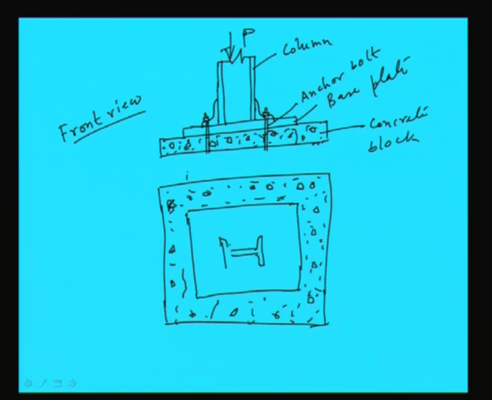Now the size of the base plate will depend not only on the load but also on other factors like the size of the column and other things, right? So this is the column. Now this is generally made by an anchor block.